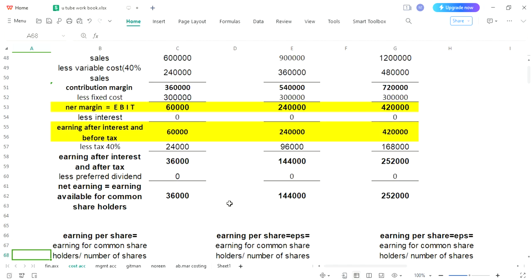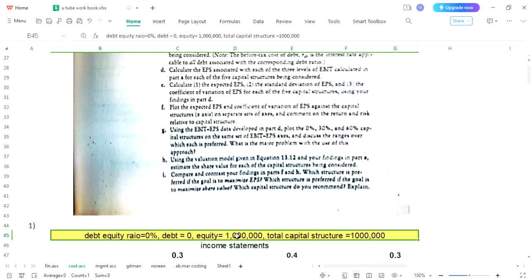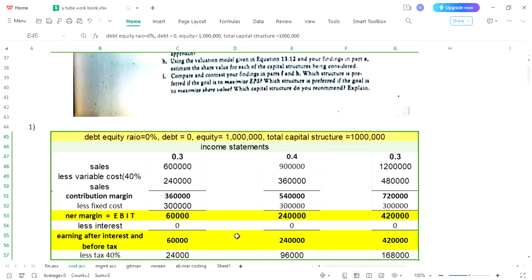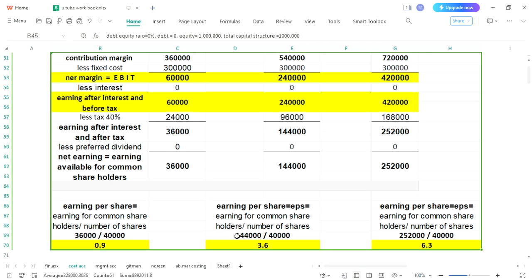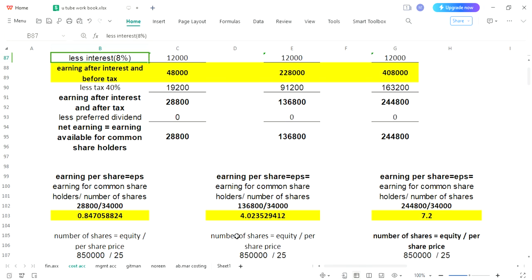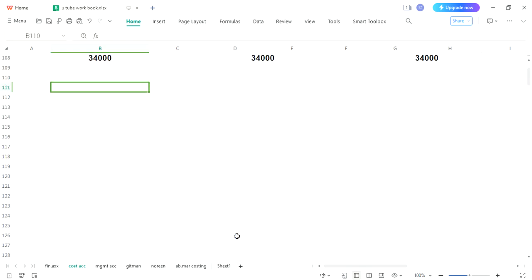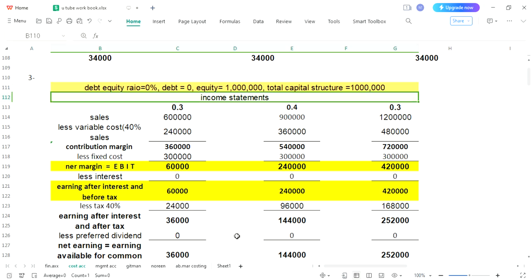For this, instead of writing everything again, we will copy these headings, and this would be used to make our third part. Over here we are doing the third part, and everything would be altered.